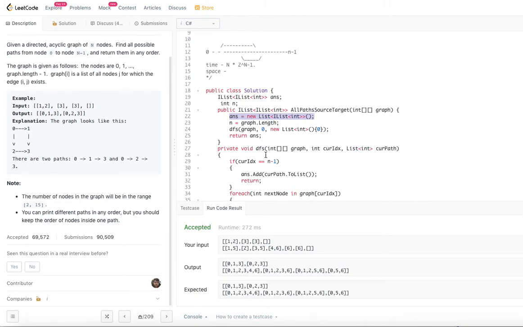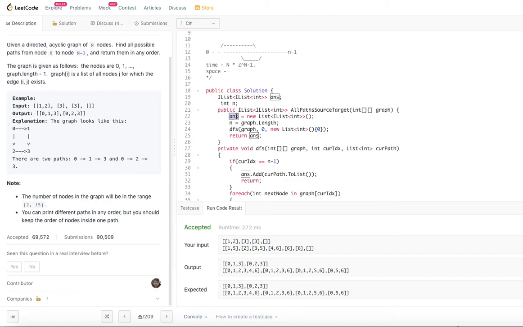But since this DFS is going to be called recursively so many times, there is stack space that will be used to maintain the recursive structure. So you need to account for that as well. On the whole, it includes the answers also, whatever space we need to return the paths.